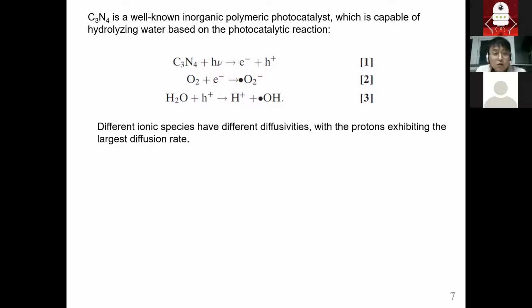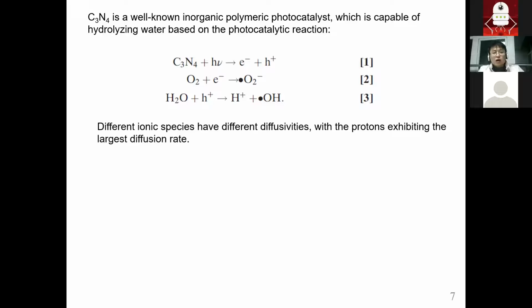The electrons react with oxygen inside the solution, leading to the formation of superoxide radicals, while the holes react with water, resulting in the potent hydroxyl radical. This is equation 3. Different ionic species have different diffusion rates, with protons exhibiting the largest diffusion rate.